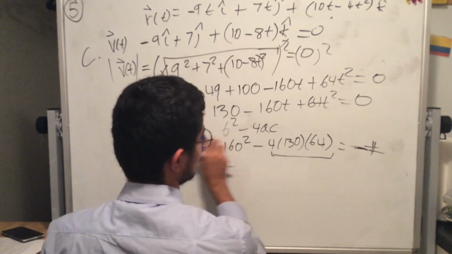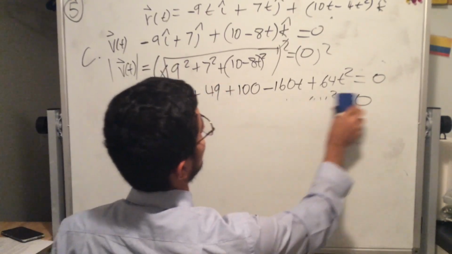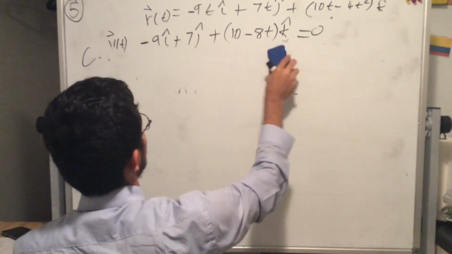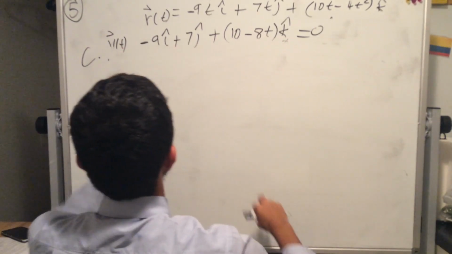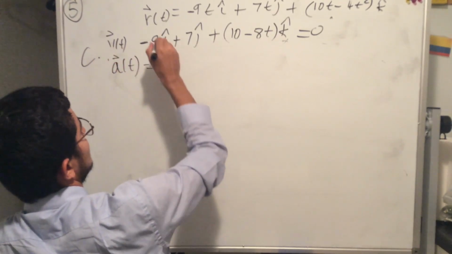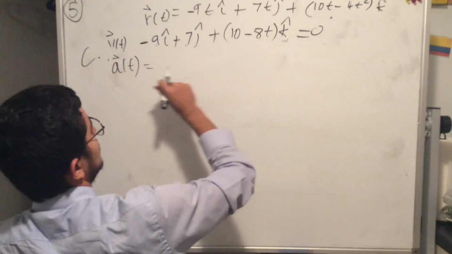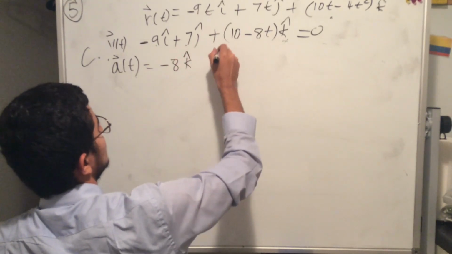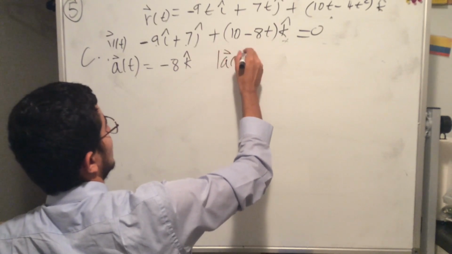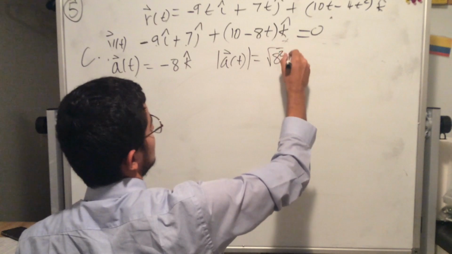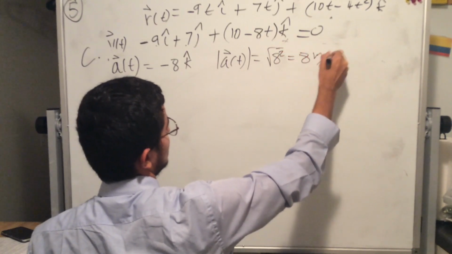Is the acceleration of the bee constant? Well, we found out that it was constant, right? Because when we take the derivative of this again, we get the acceleration, and we get that this is 0, this is 0, and this is going to give us negative 8 k hat. When we find the magnitude of the acceleration vector, we get that it's going to be the square root of 8 squared, which is just 8 meters per second squared.